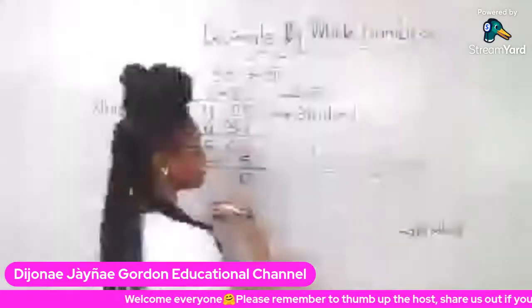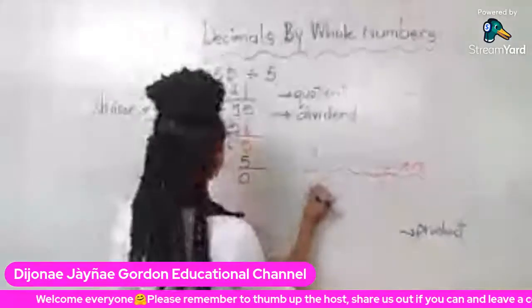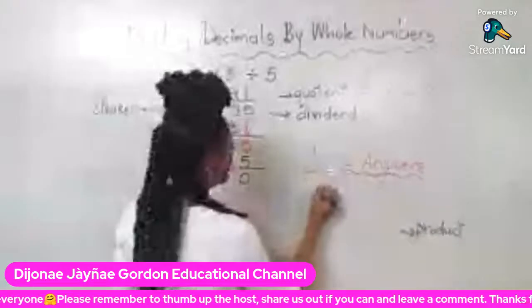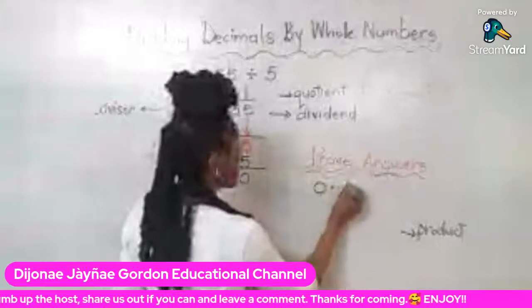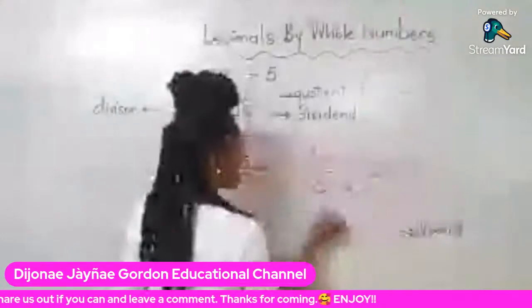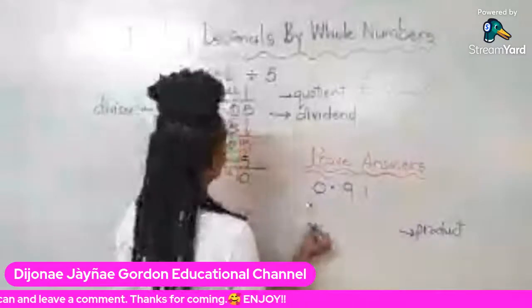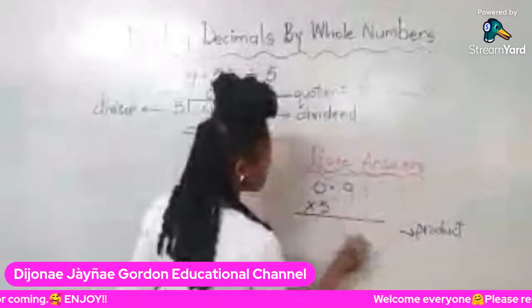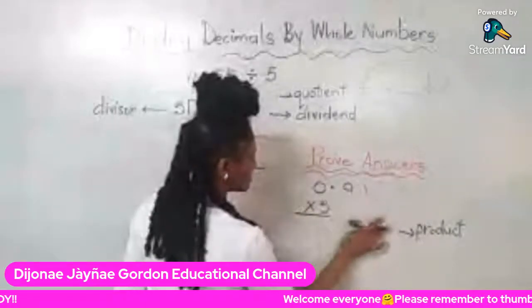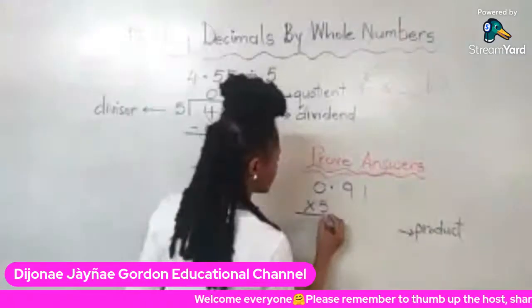It is incorrect. All right, so let's see. Now I'm going to take my 0.91 and multiply by 5. So look carefully at this.